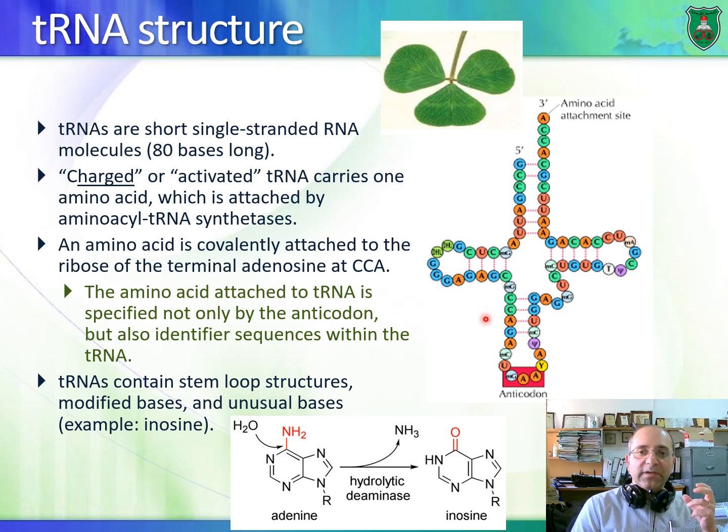And the reason why it has this structure is because there are internal hydrogen bonds that are formed between complementary bases within the tRNA molecule. Something interesting about tRNA molecules as well is that they may contain inosine instead of adenine. So you have modification of the adenine within the tRNA molecule, and it gets converted into an inosine.